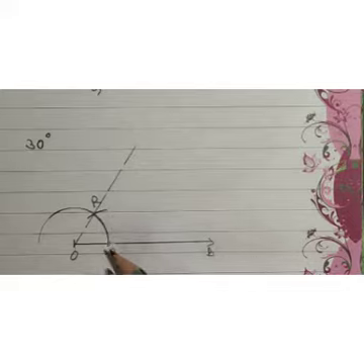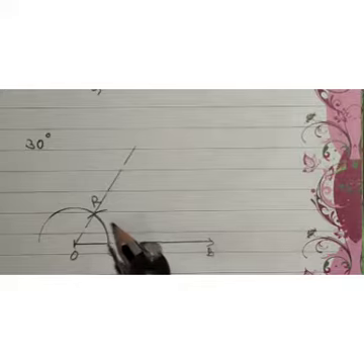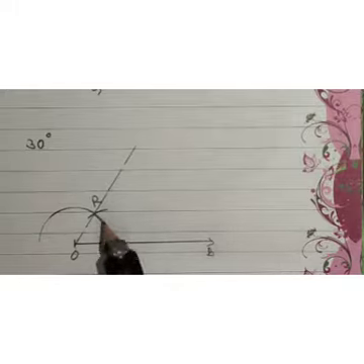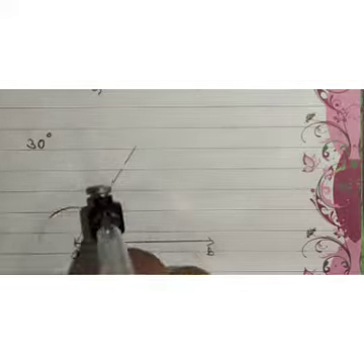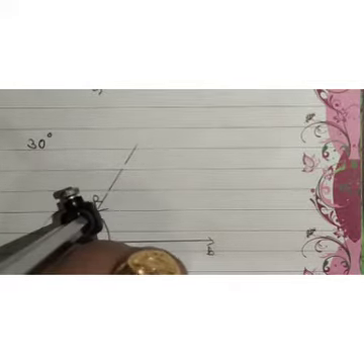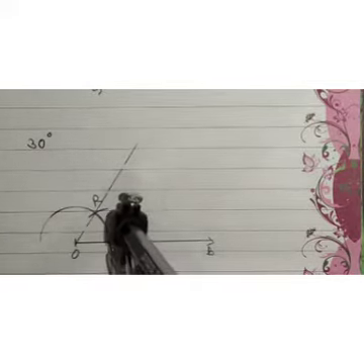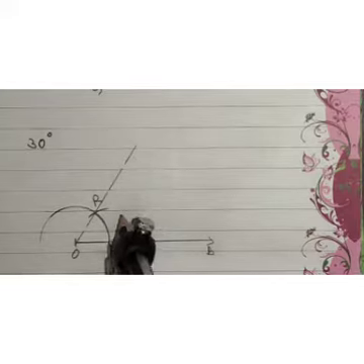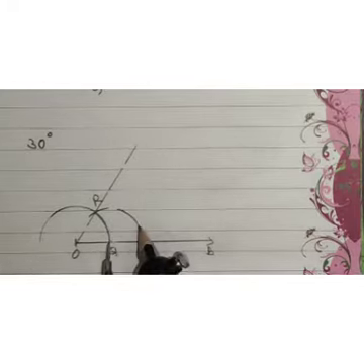For bisecting 60 degree angle, with Q as center and radius greater than half of QR, we draw an arc like this.